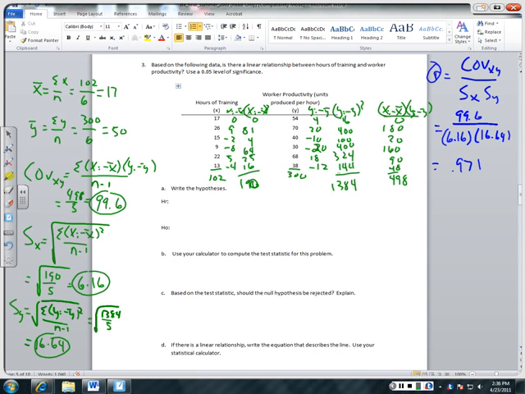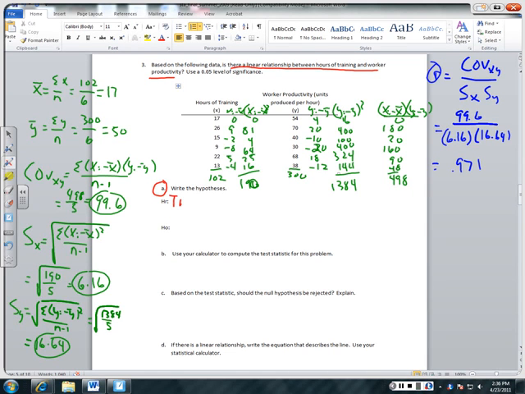Now I'm going to come over and work on the rest of this problem here a little bit. Part A said to write the hypothesis, and basically, we're just looking right up at the question here.